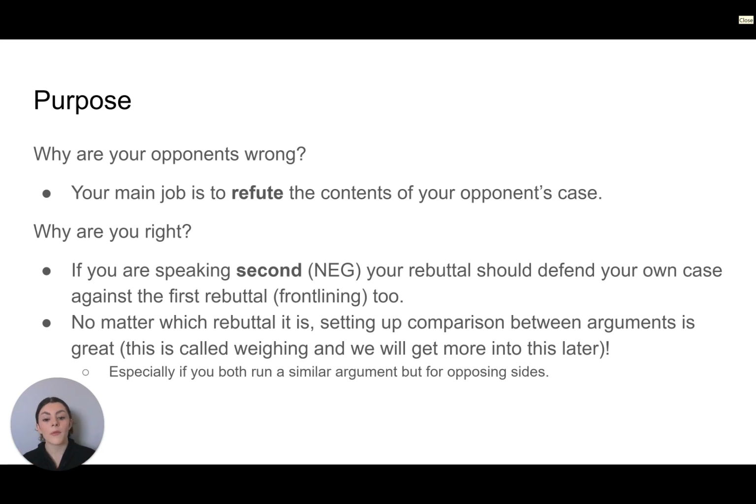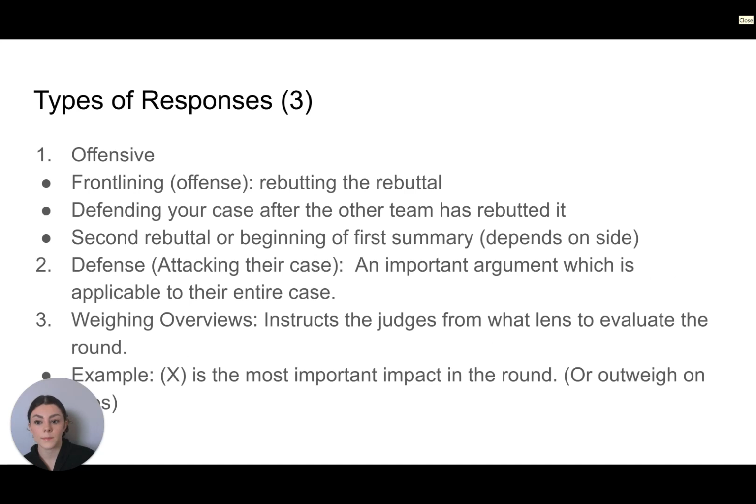That's also a type of rebuttal called weighing. You're weighing the impacts of each side. So just to recap, there are offensive arguments, so you're rebutting their case. There are defensive arguments, so you're defending your case by attacking the rebuttals made against you. And then there are those weighing mechanisms as well.